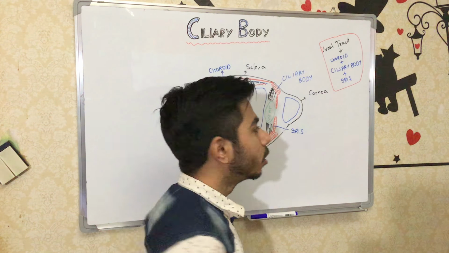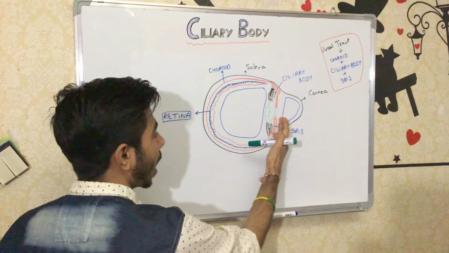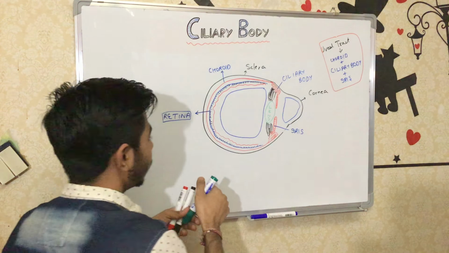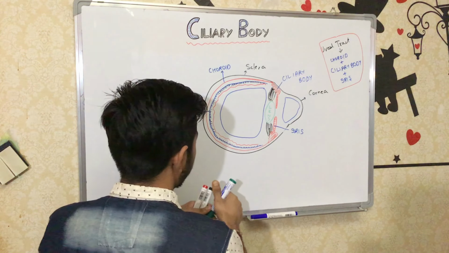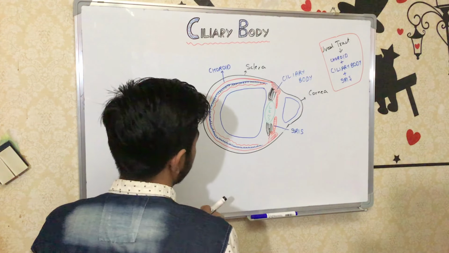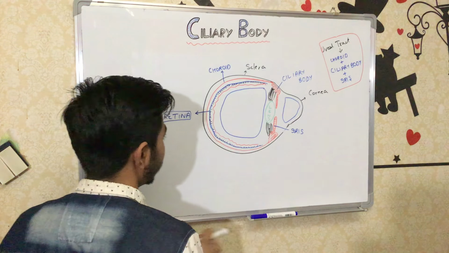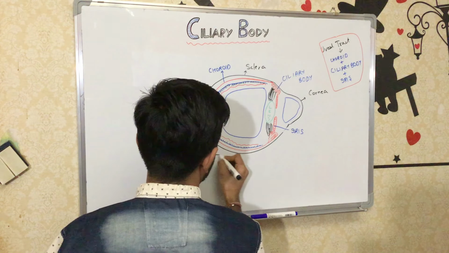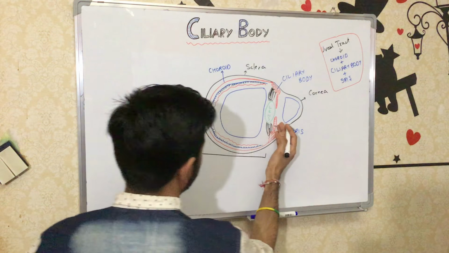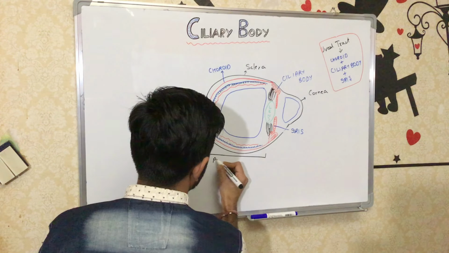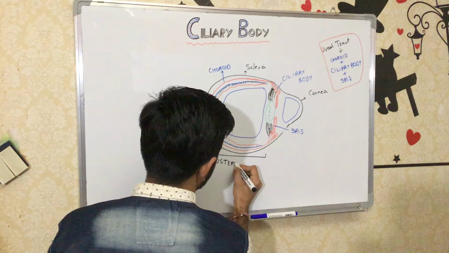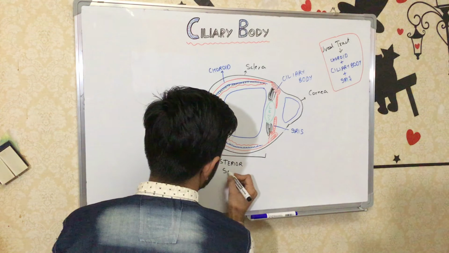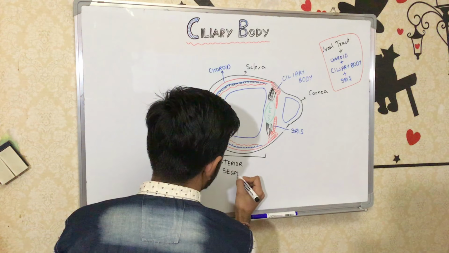Those structures present behind the lens are in the posterior segment.